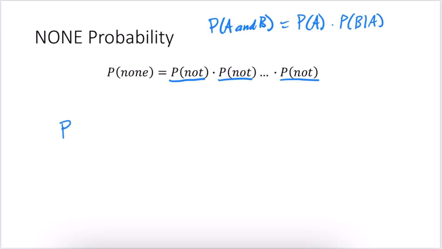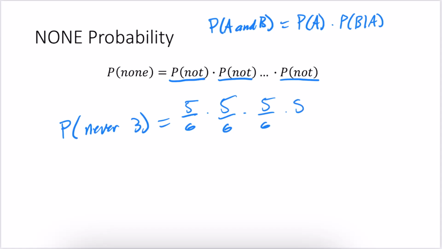And so the probability of rolling 5 dice and never getting a 3 would end up equaling 5/6 times 5/6 times 5/6 times 5/6 times 5/6. Because the probability of not rolling a 3 the first time is 5/6, then the second time is also 5/6, and so on and so forth. And so you'd multiply all of those together to find the probability of never getting a 3.